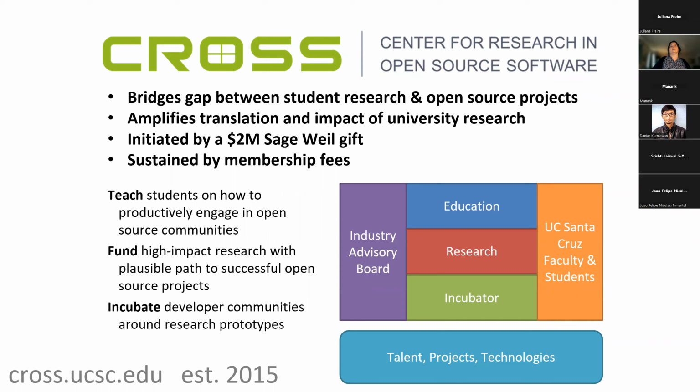And so we were able to create this research center called the Center for Research and Open Source Software. The main idea was to fill the gap between what students were working on in university and what could be seen as a viable open source project. And that's where we got our start.